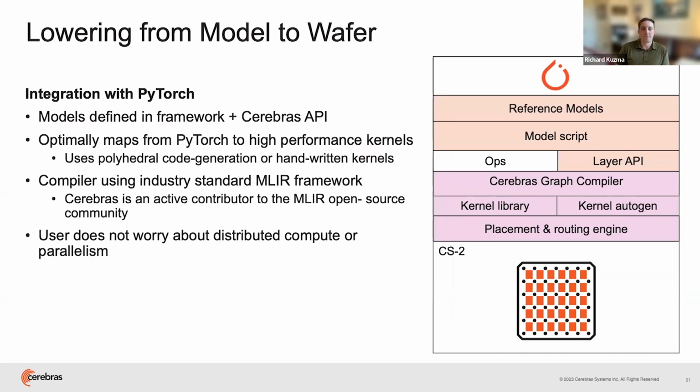So how do you go from an idea to code to training a model? We integrate closely with PyTorch. If you look at this diagram on the right, in the light orange, we have the common reference architectures and models of common sizes. So you can go from the 1 billion parameter version, the 7 billion, the 65 billion of those models that I think you'll see out in the open source.